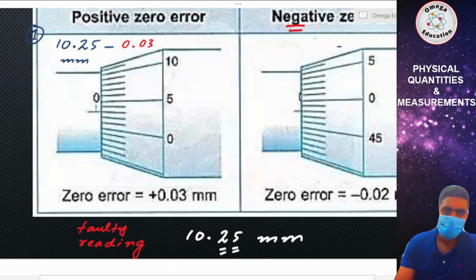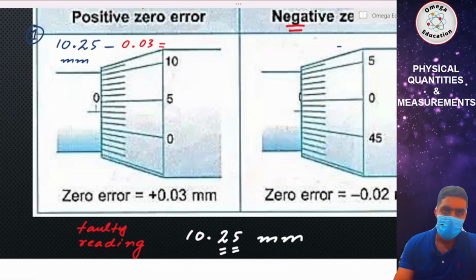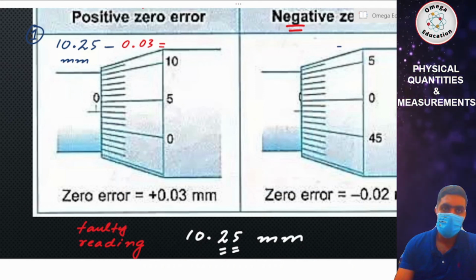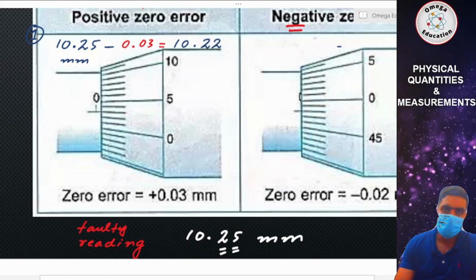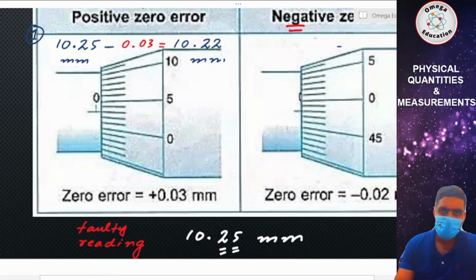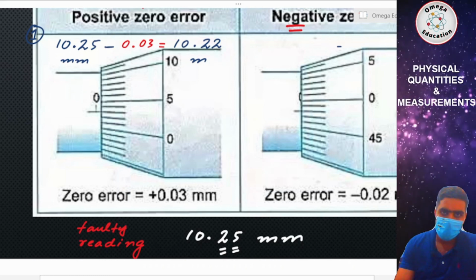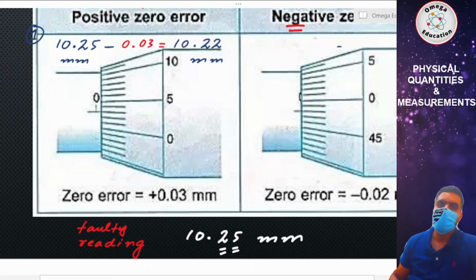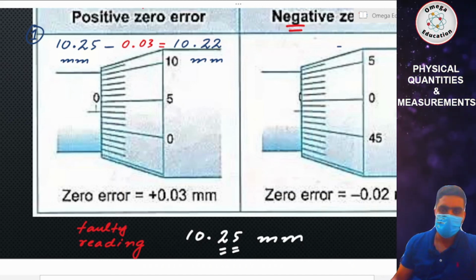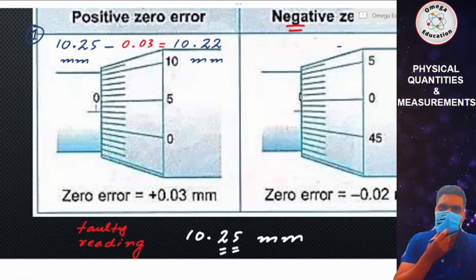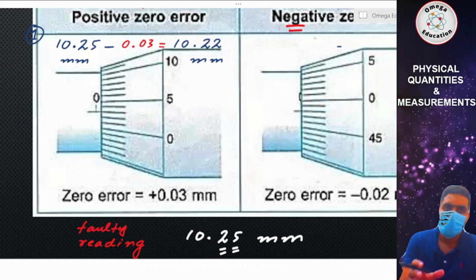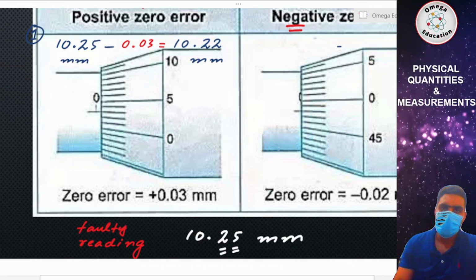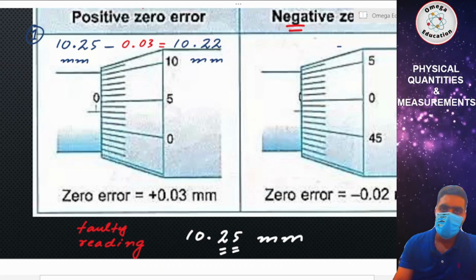You subtract these two, then the value that you get would be the actual value, 10.22 millimeters. Now this is the actual value of the object, 10.22. So in case of zero error, we subtract the amount of zero error from the faulty reading, and then that is your final accurate reading.